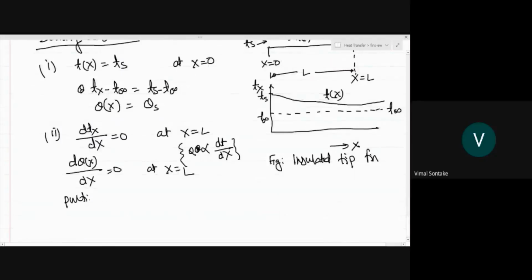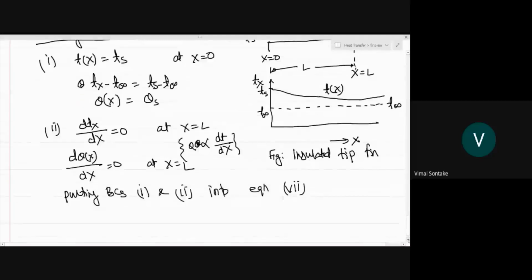So putting boundary conditions 1 and 2 into equation 7. Okay, so let us first put boundary condition 1 into equation 7.